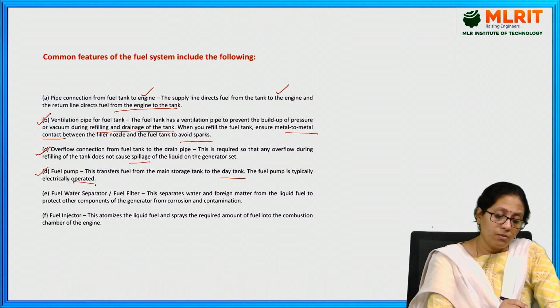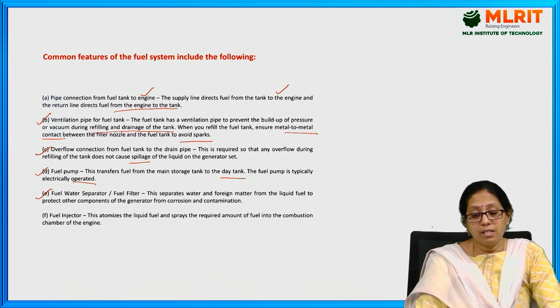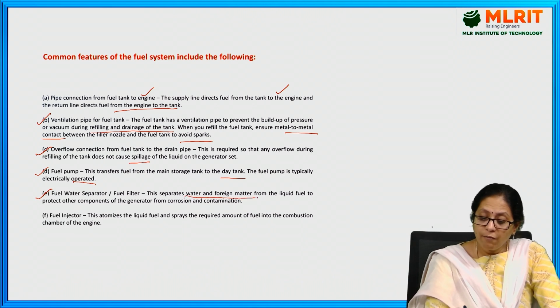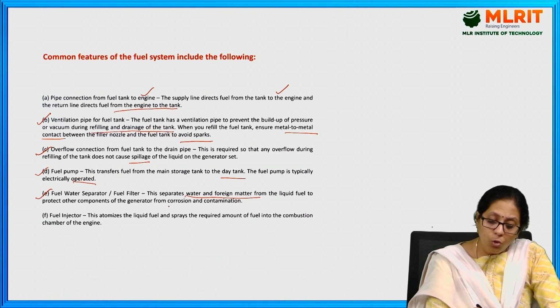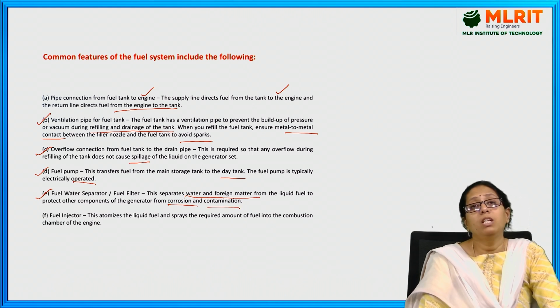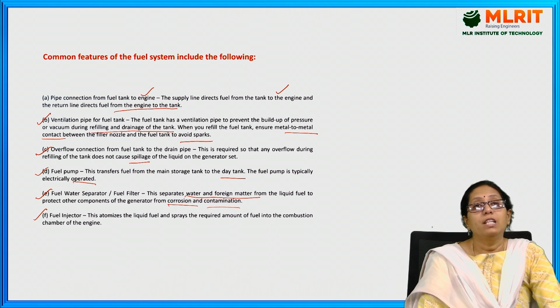The next one is the fuel water separator. This separates the water and foreign matter from the liquid fuel to protect the other components of the generator from corrosion as well as contamination. The last point is the fuel injector.